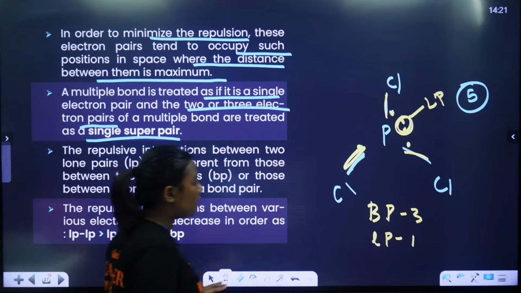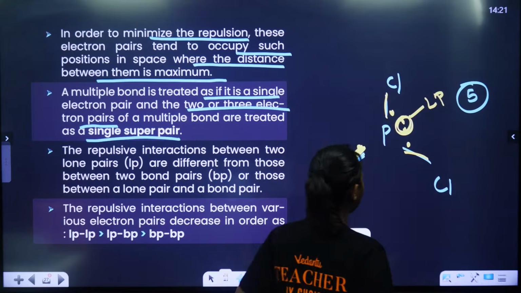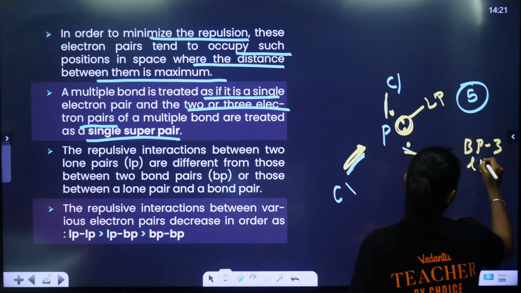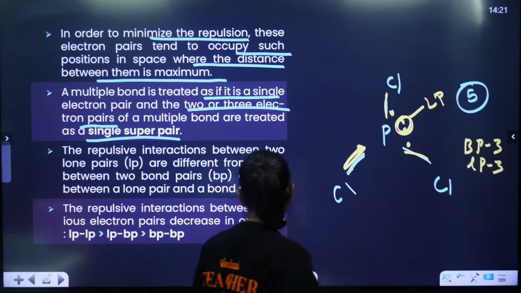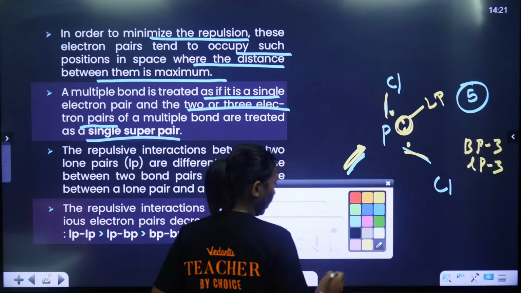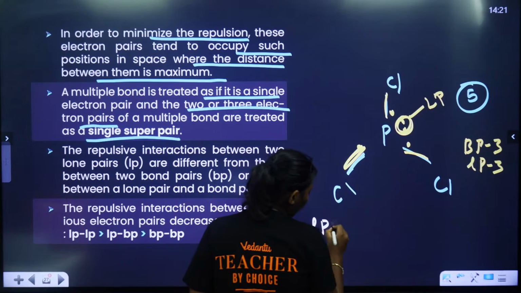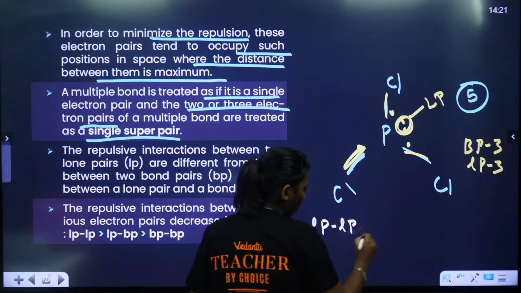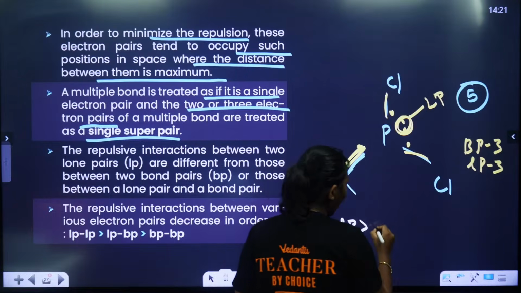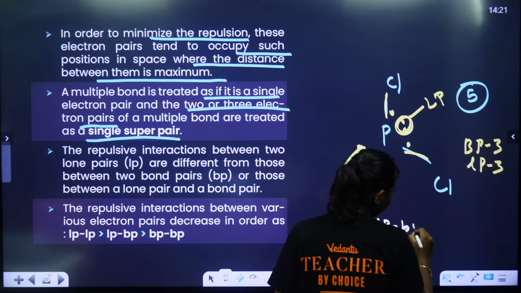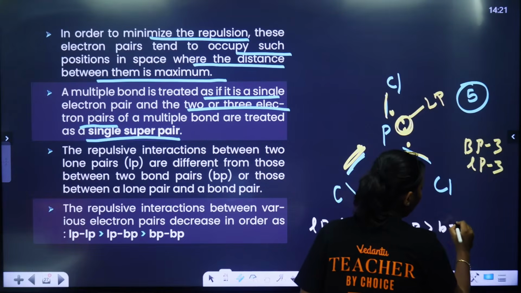Maximum repulsion is between lone pair and lone pair. Then lone pair and bond pair, then bond pair and bond pair.